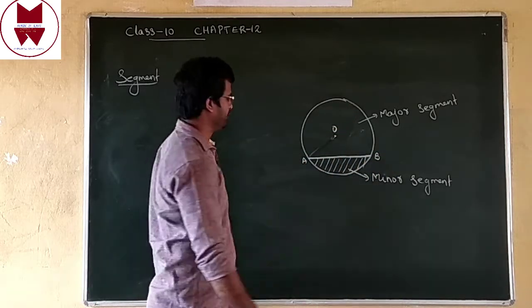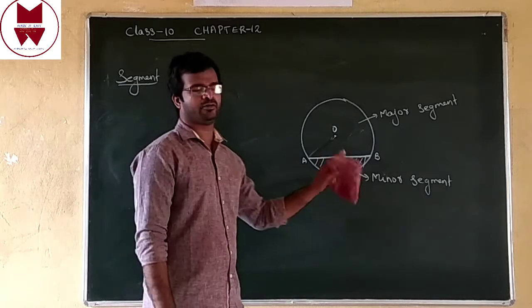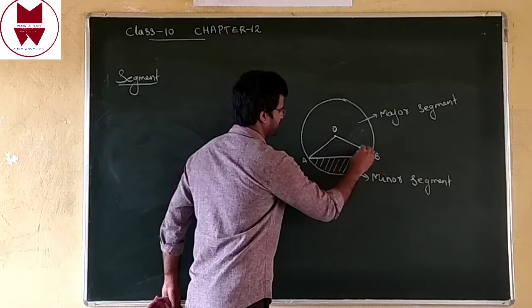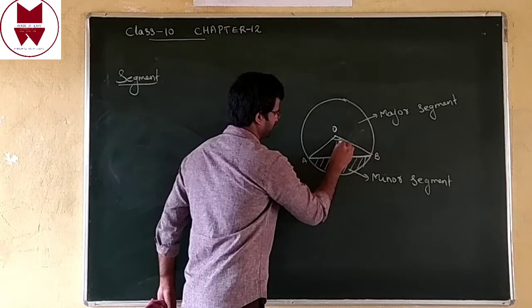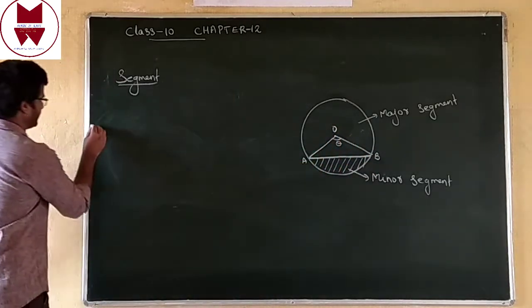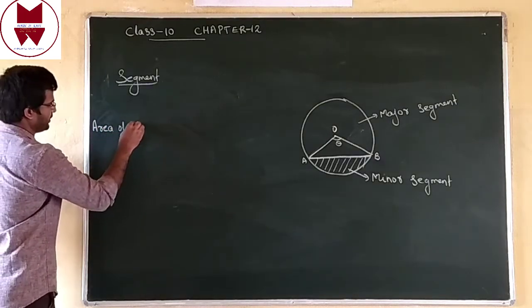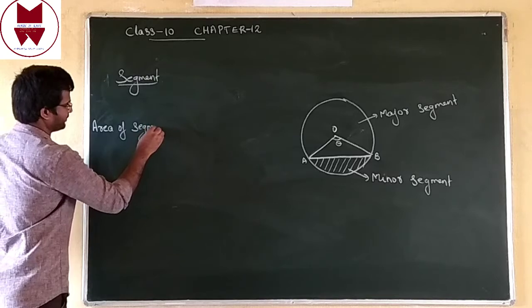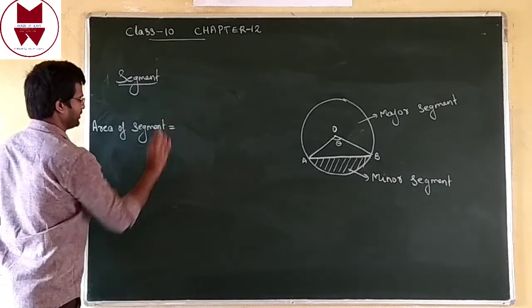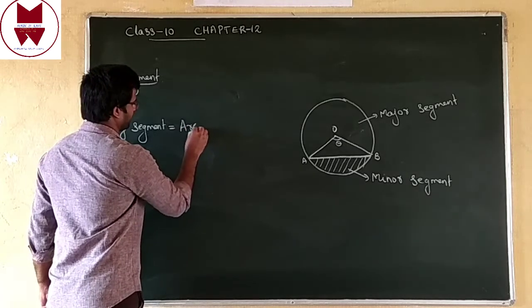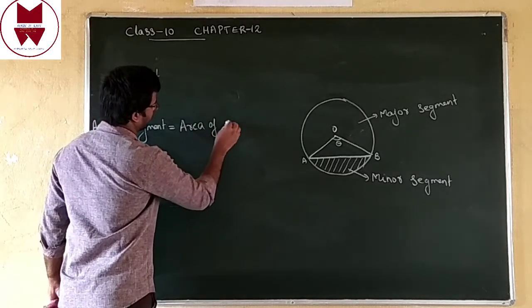Okay. Then how can we find out the area of this segment? Make 1, 2 radii, and surely you will get one angle theta. We can write area of segment equal to area of sector.